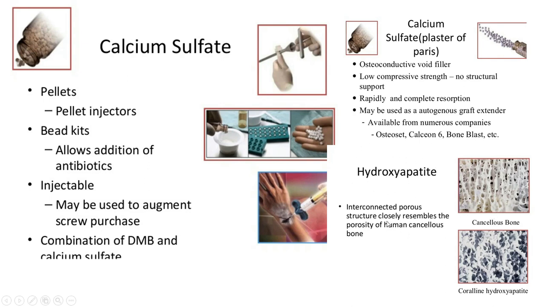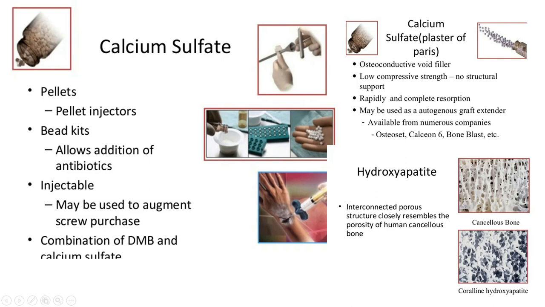And this hydroxyapatite is very similar in porosity to normal spongy bone, and it is made from the coral of the sea, which has been processed in the lab, and it acts as a scaffold for the bone, and it can be used as a drug delivery system.